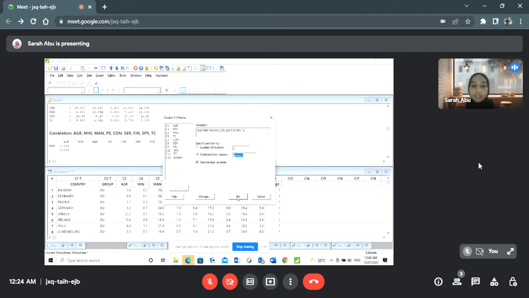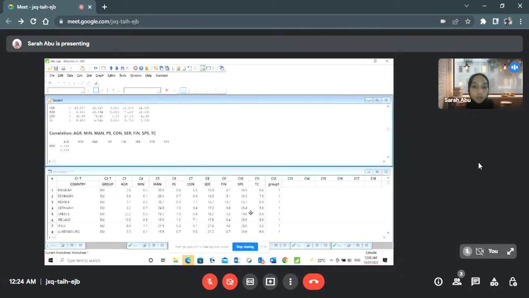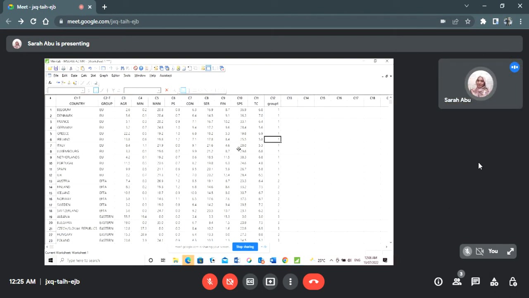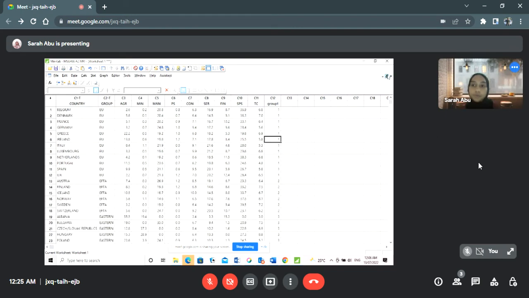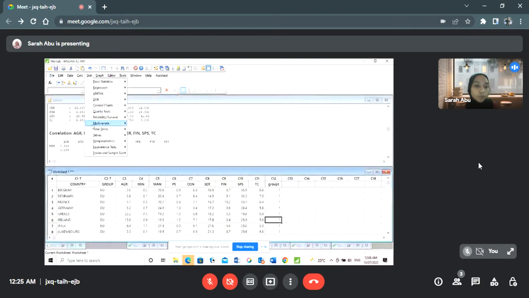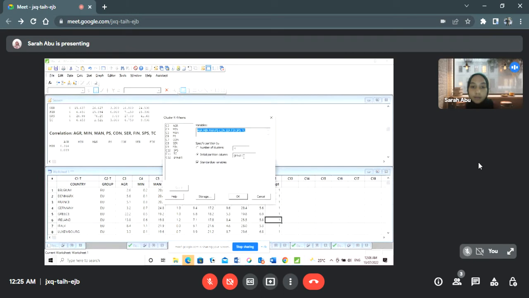Group 1 is the data from the group and we number it 1, 2, 3, 4, such as Europe is 1, EFTA is 2, Eastern is 3, and other is 4. So for that, we can run the analysis, Cluster K-Means, and then we choose here Group 1. And then we click OK.